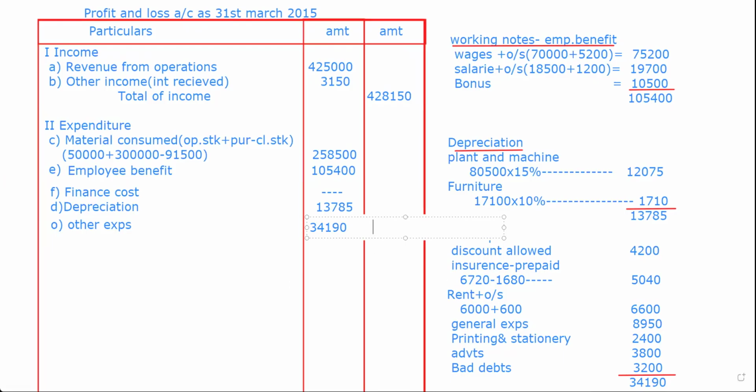So now I'm going to go with adding all my expenses together so that I can get the total. So that I am going to get is something I got 4,11,875. So this is my total of expenditure.